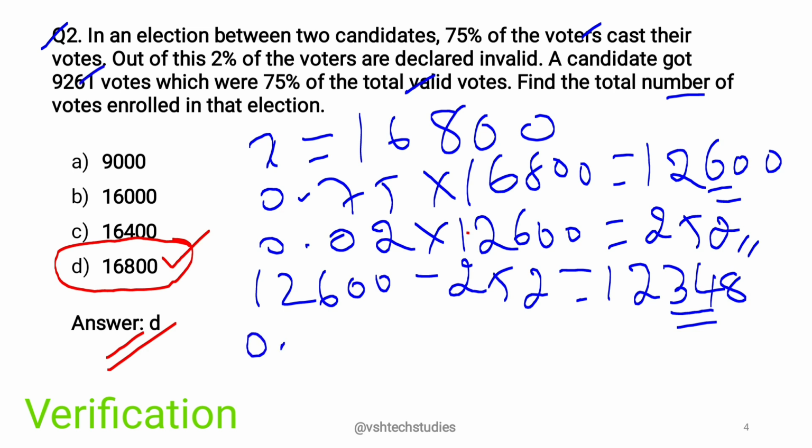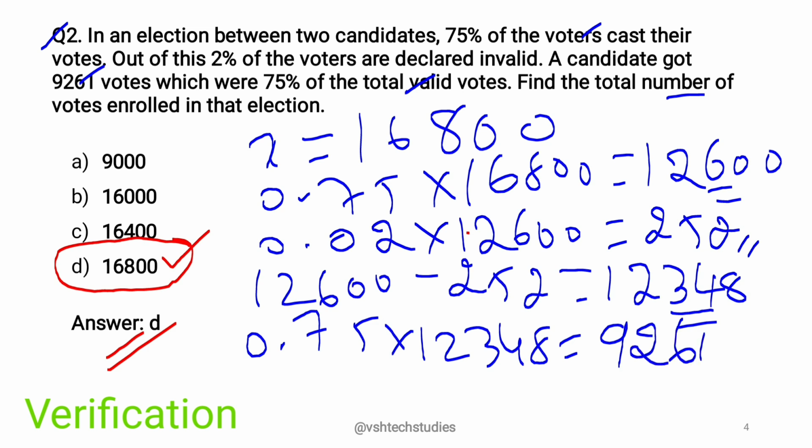So 75% means 0.75 into valid votes 12,348. How much is it? When we calculate, it comes out to be 9261, which is the same as what they have given, hence our answer is correct. So that is the verification, and that is the complete analysis, approach and solution of the problem.